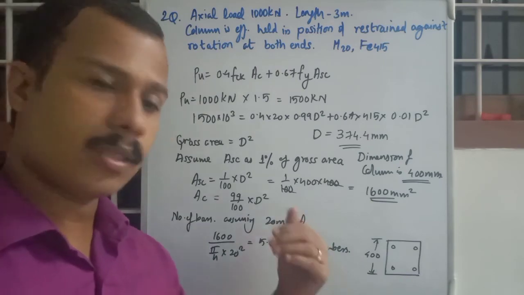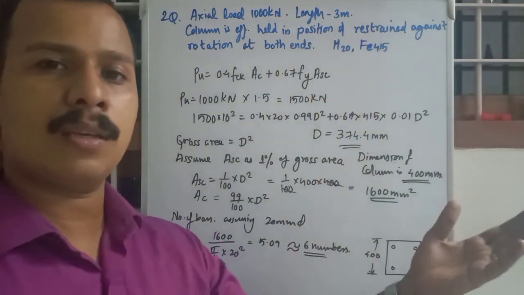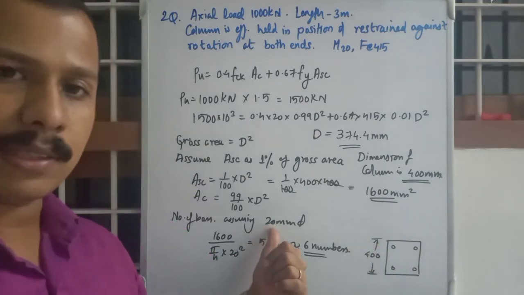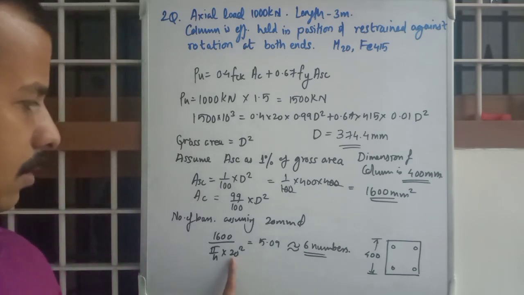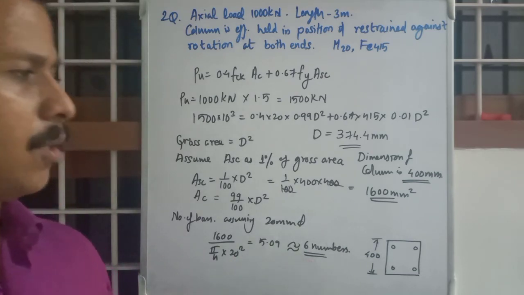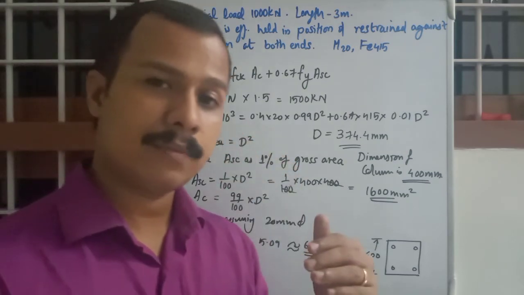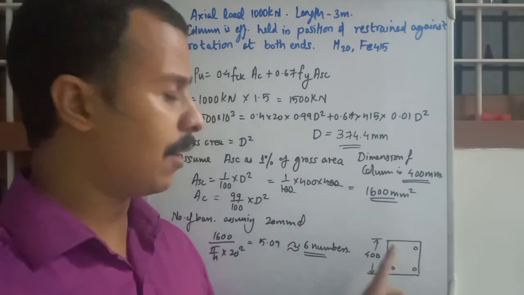If this number we are getting here is more than 6, you will increase the diameter, so the number will come down. As a denominator, if it is 32, it will be like 3 or something. We want our number of bars to be 4 or 6 in case of rectangular and square.